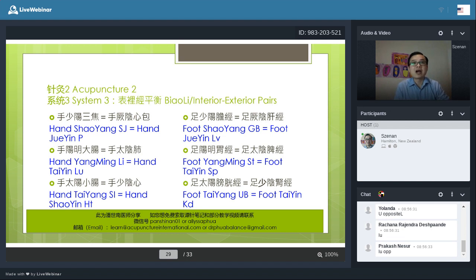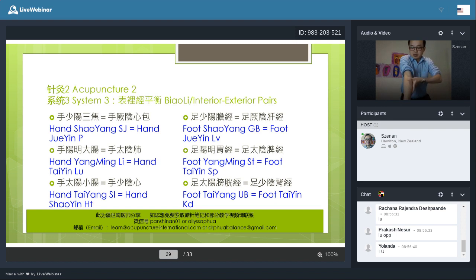So another idea, another area for you to needle, which is over here. The pen's over here, right? Now you're going to needle over here on the lung meridian on the opposite side. You can get the answer point. Let's say if this doesn't work, where are you going to treat it? Bend over.